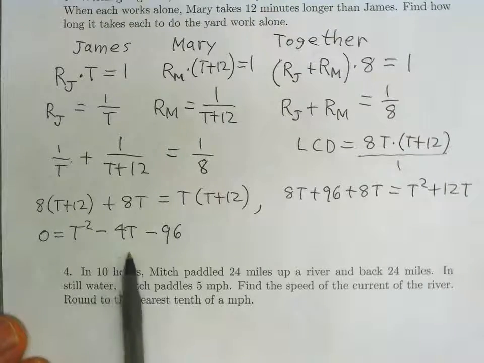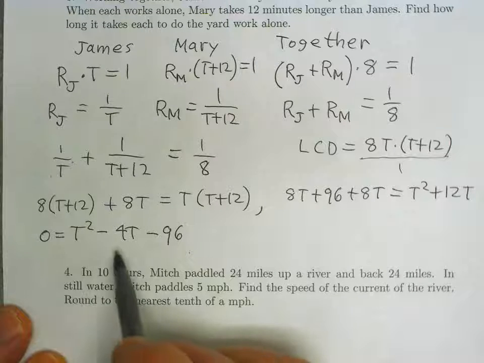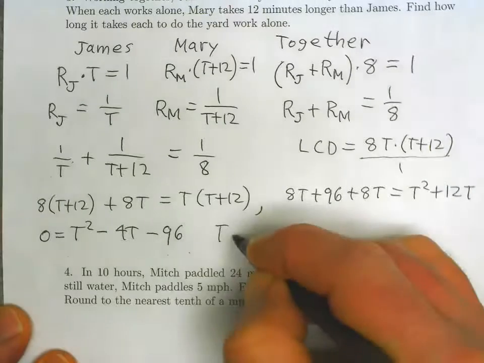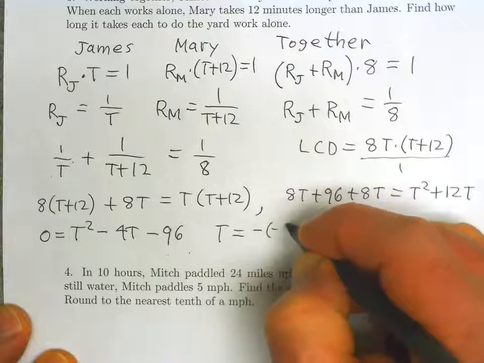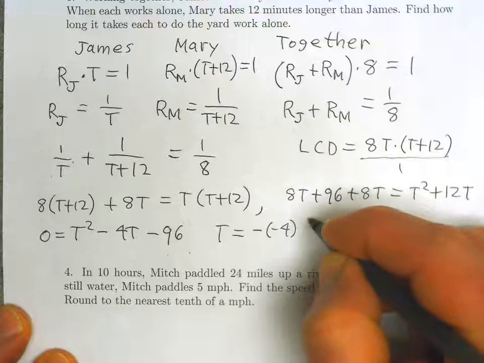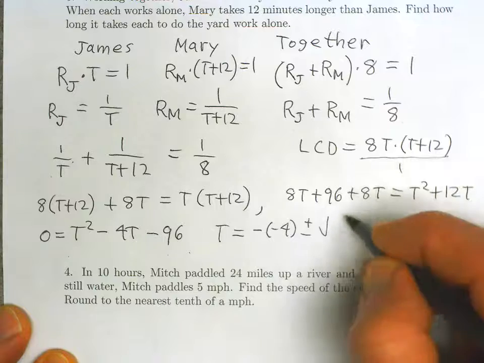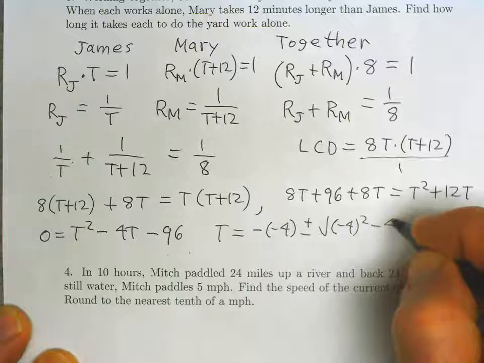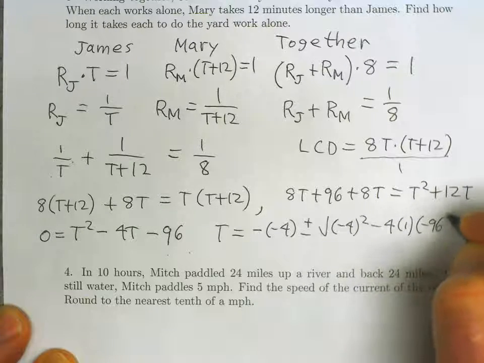Okay, so we can use the quadratic formula. Let's take this a bit further then. A is 1, B is negative 4, and C is negative 96. So T is equal to the negative of negative 4 plus and minus the square root of the number negative 4 squared minus 4 times 1 times negative 96.